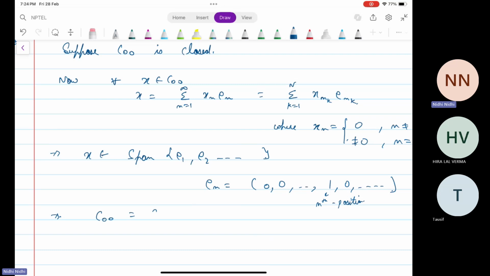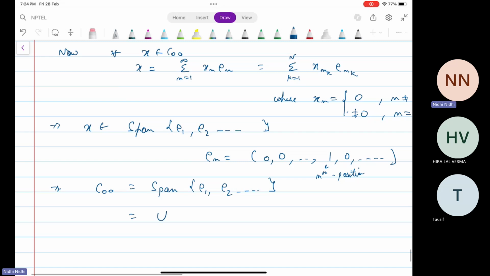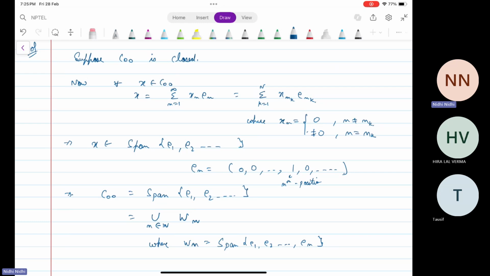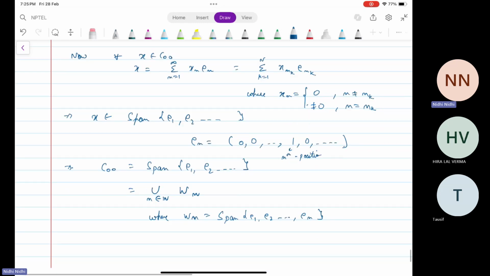So c00 is equal to span of e1, e2, and so on, which is equal to union n from 1 to infinity Wn, where again Wn is equal to span of e1, e2, and so on up to en. Then again, as done in part A, the c00 cannot be closed.